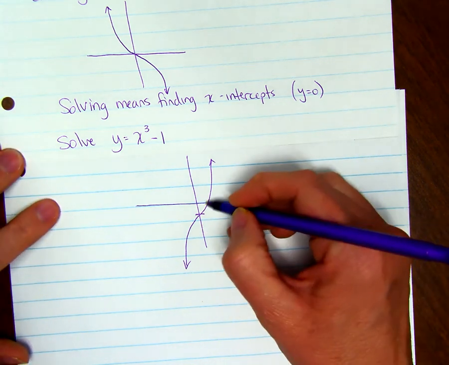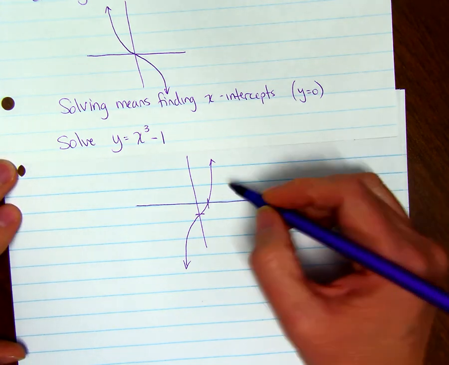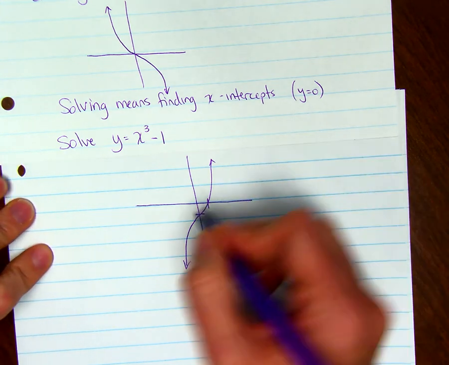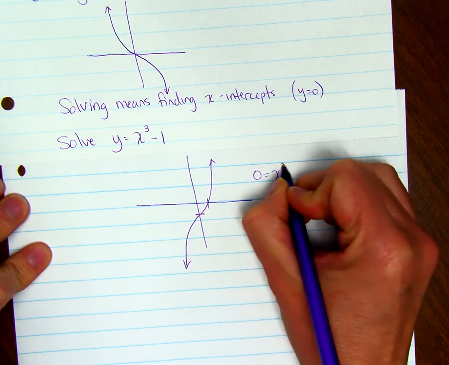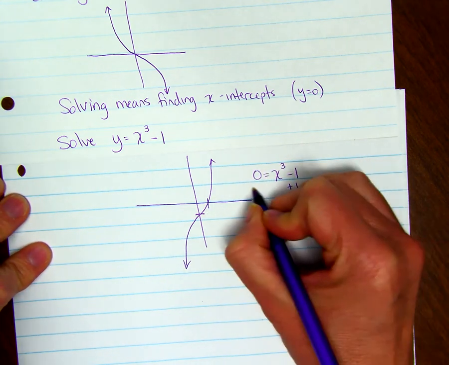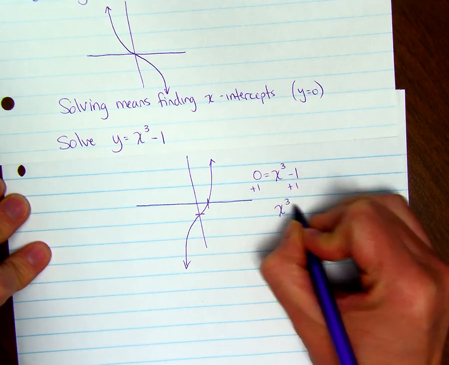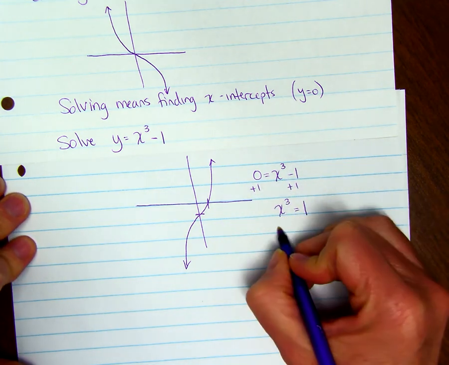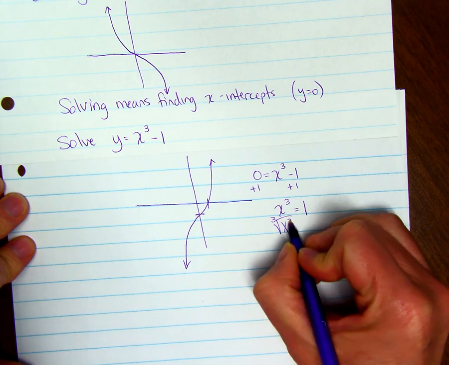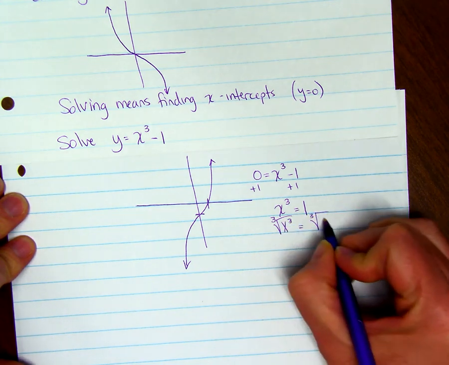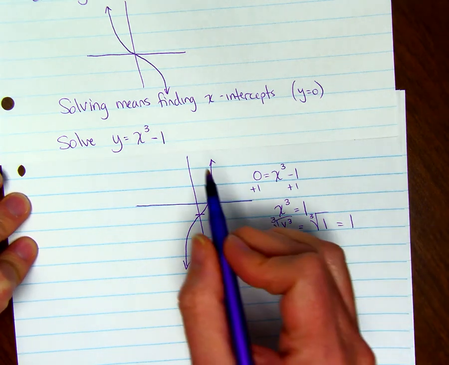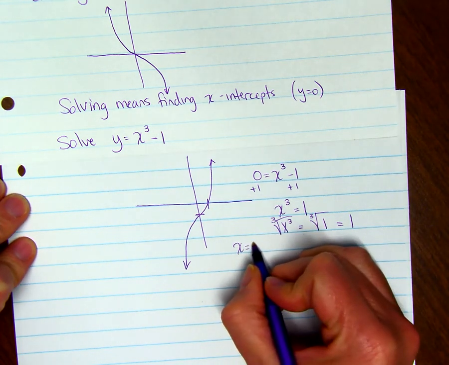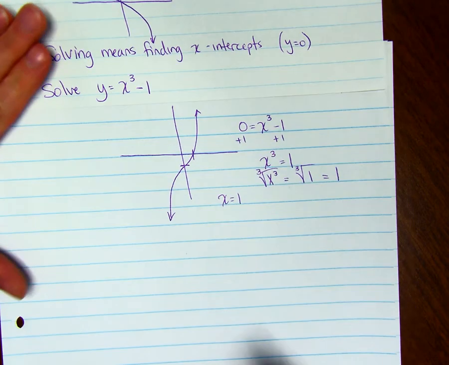If I'm looking for the x-intercept, it's when y equals 0, so we say 0 equals x cubed minus 1. I add 1 to both sides. x cubed equals 1. And then we can take the cube root of both sides, and the cube root of 1 is 1. So when I want to solve for x, I just say x equals 1. And that's my x-intercept.